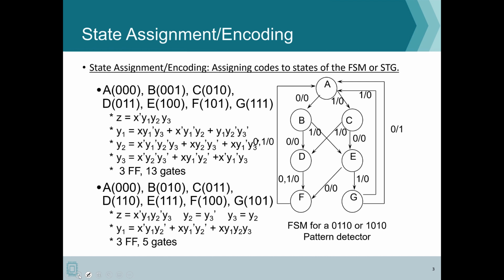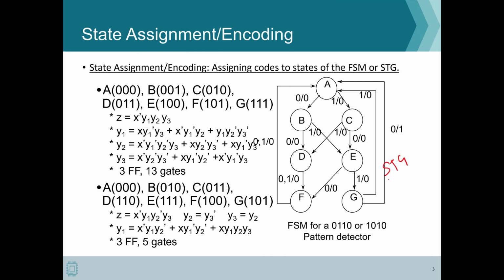So basically state assignment or encoding is assigning of codes to the states of an FSM, or your state transition graph or your next state table. So here you can see in this particular example a pattern detector which detects these two patterns 0110 and 1010, and this is your state transition graph that is given here.